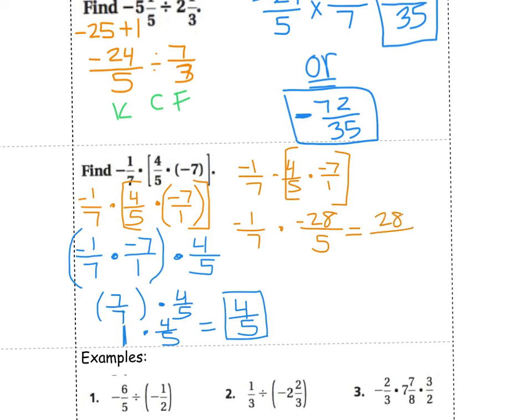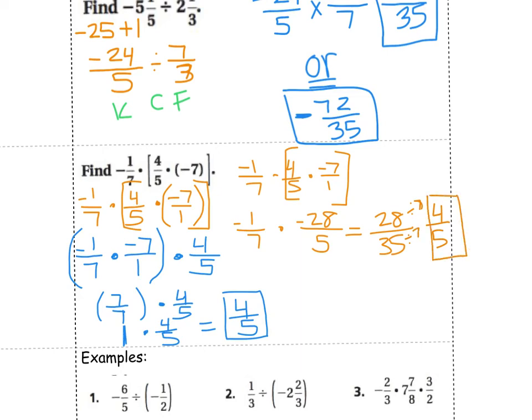And 7 times 5 is 35. And this can be reduced to 4/5 if I divide these both by 7. See? So this is the same thing.